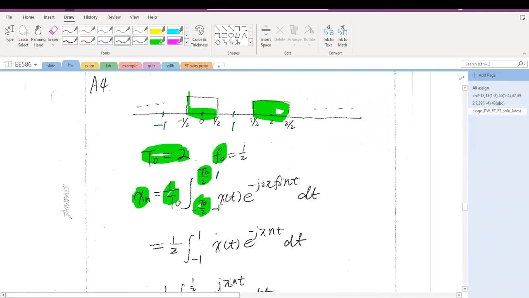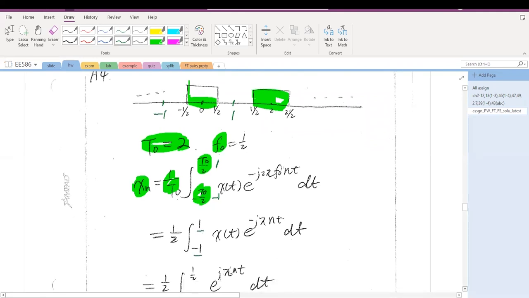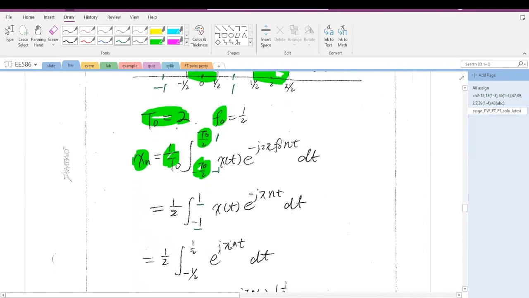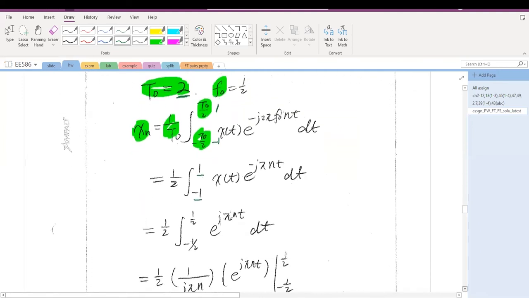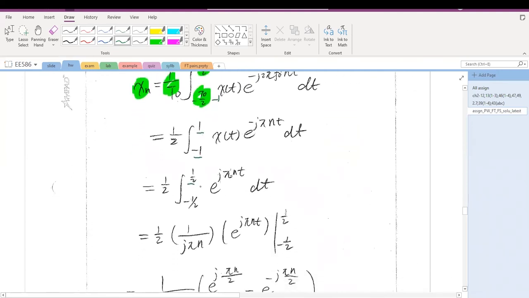We plug in T equals 2 here. But because this rectangular waveform only has values of 1 from minus half to half, this integral becomes an integral from minus half to half.